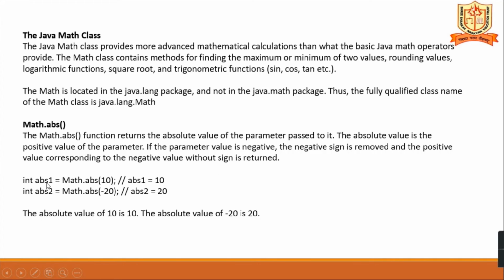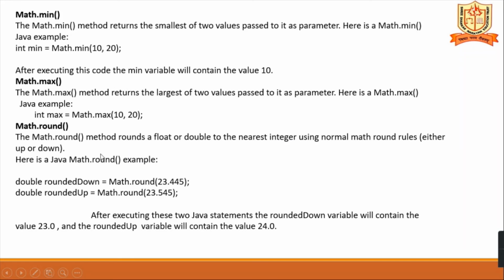See here, abs1, that is Math.abs(10). abs is a function present in the Math class. What is the output? 10 is the output. And here abs2, Math.abs(-20), the output is 20. That is, absolute means it returns the positive value of the parameters.